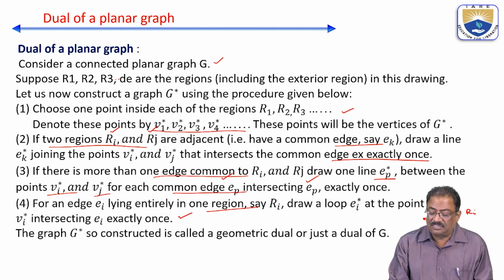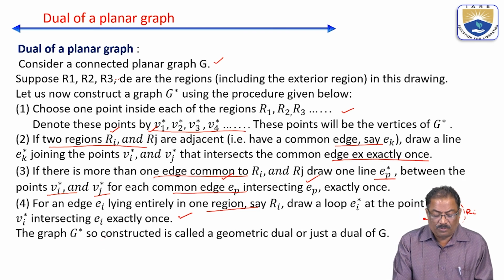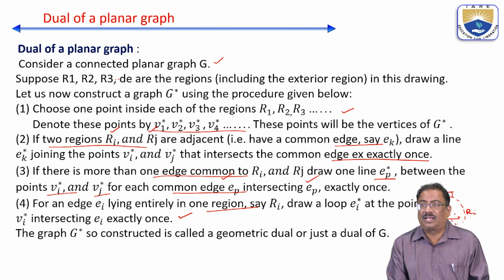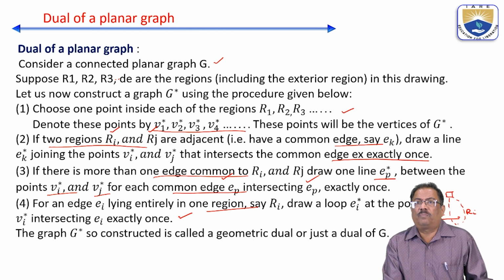Then we construct one edge which passes exactly once through the edge, and connects back to the same vertex. So these are the different ways. That means when there is a pendant vertex, we automatically get a loop corresponding to Ei, the pendant edge. So these are the 4 basic principles.